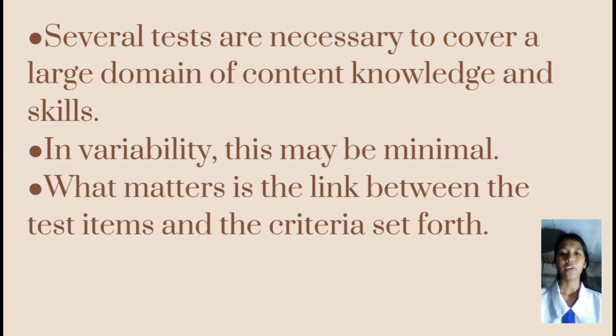In terms of variability, this may be minimal. What matters is the link between the test items and the criteria set forth. Unlike in norm reference interpretations, where most students are categorized as average, it is quite possible in a criterion-based test to have more students able to achieve an acceptable or high level of proficiency or otherwise.